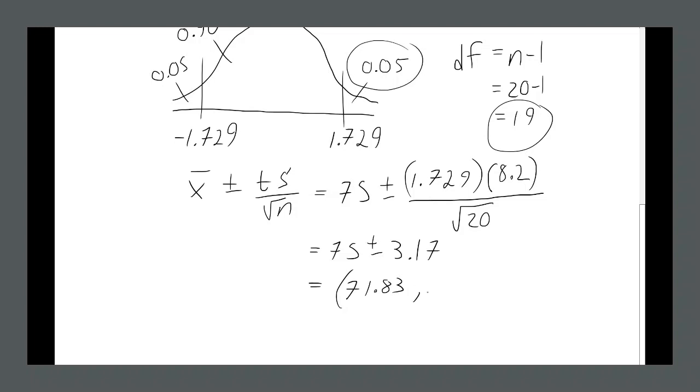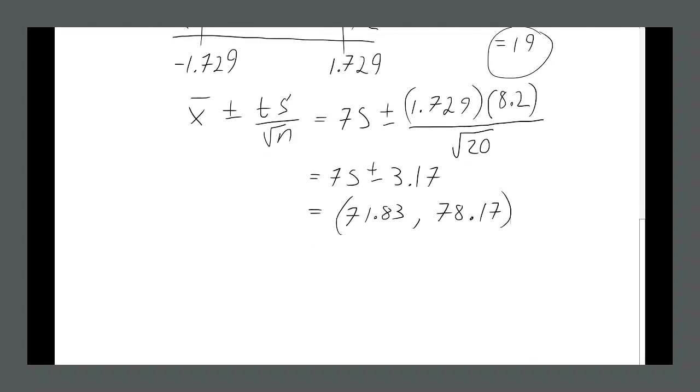And 75 plus 3.17 is going to give us 78.17. And that is our 90% confidence interval. That is our answer to part A.